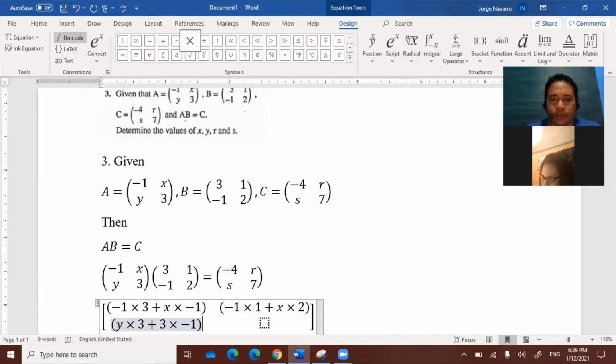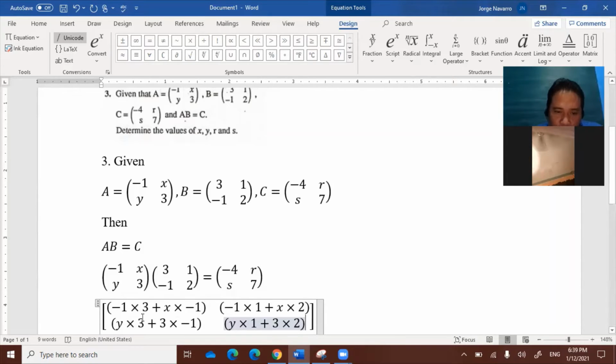And then the final element will be y times 1 plus 3 times 2. Remember, if you want to keep track of this, the 3's and the -1's must match both at the top and the bottom. The 1 and the 1 here must match at the bottom. The same thing here. The 2 and the 2 must match at the bottom.